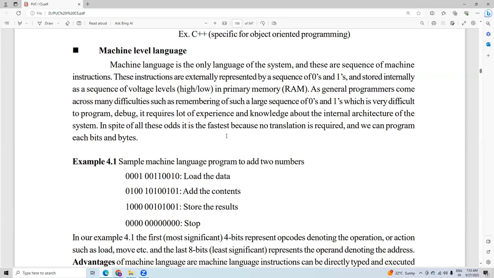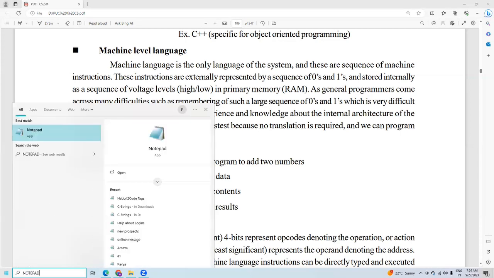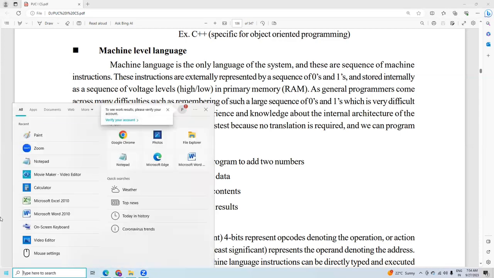Recently in the third chapter you have learned different conversions.